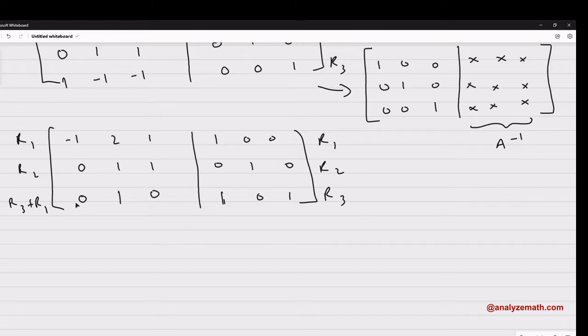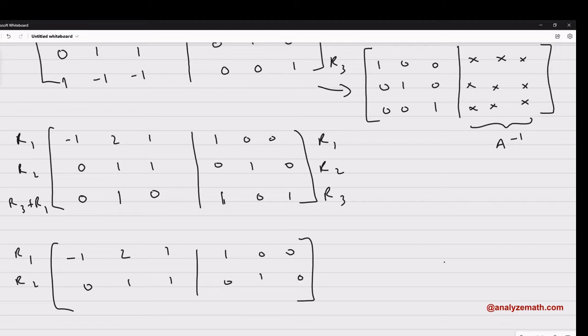This row minus this one will give me a 0 here. R1 unchanged, R2 unchanged: 1 2 1, 1 0 0; 0 1 1, 0 1 0.